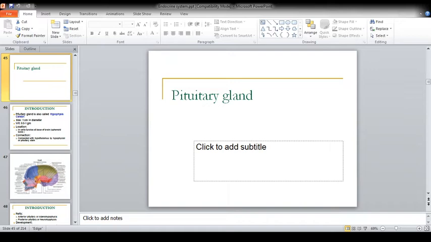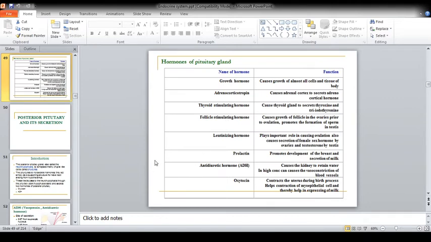There are some cells present in the pituitary which release the growth hormone. The growth hormone releasing cells are also known as somatotrophs. So somatotrophs release growth hormone. This growth hormone acts on almost all cells and tissues of the body and helps them in growing.